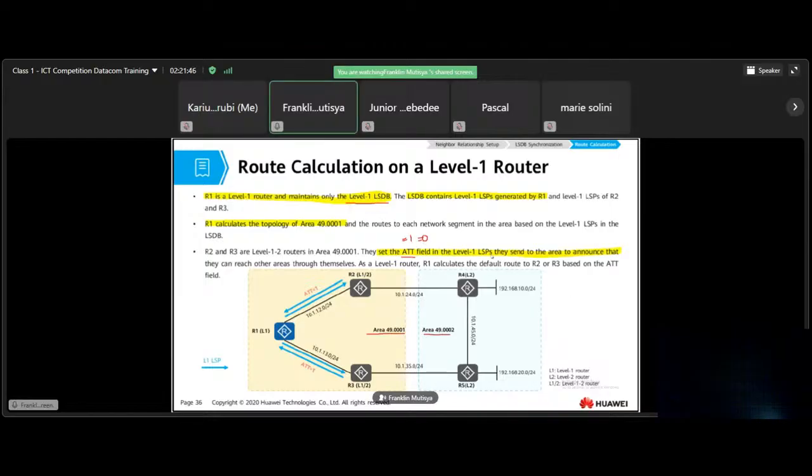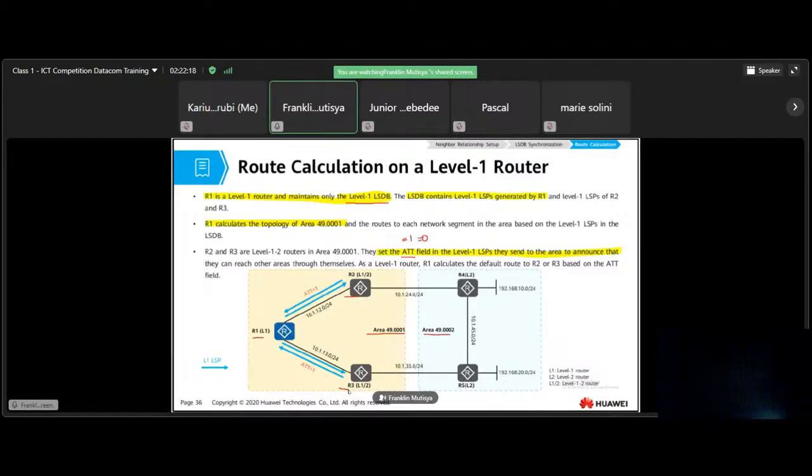So in a level 1 LSP, they send their area to announce that they can reach certain areas through themselves, or rather through the routers within this area. So as a level 1 router, for example here, router 1 will calculate the default route to router 2 and also router 3 in order to provide the forwarding. This will be based on the attached field, which we set as a 0 or a 1.